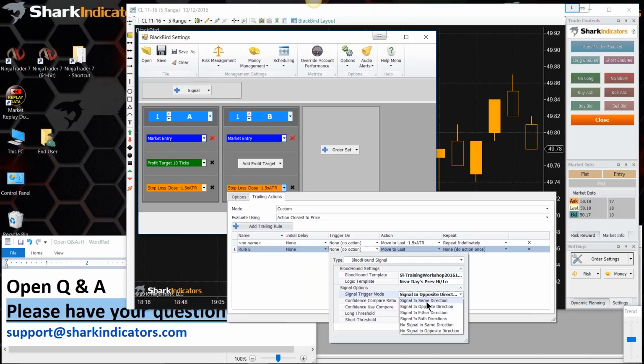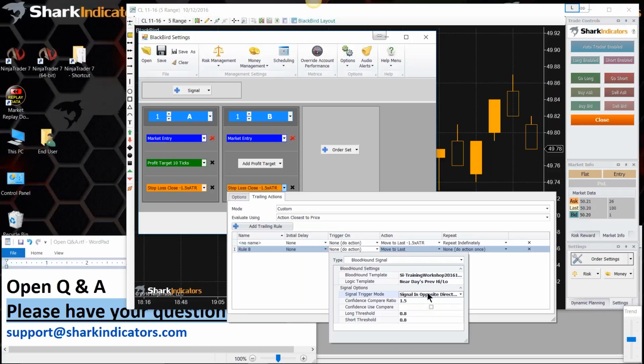Typically, what we teach in BloodHound is that you want opposite signals. That's why this is the default. If you notice, the default setting here was signal in opposite direction, because that's what we teach in BloodHound.